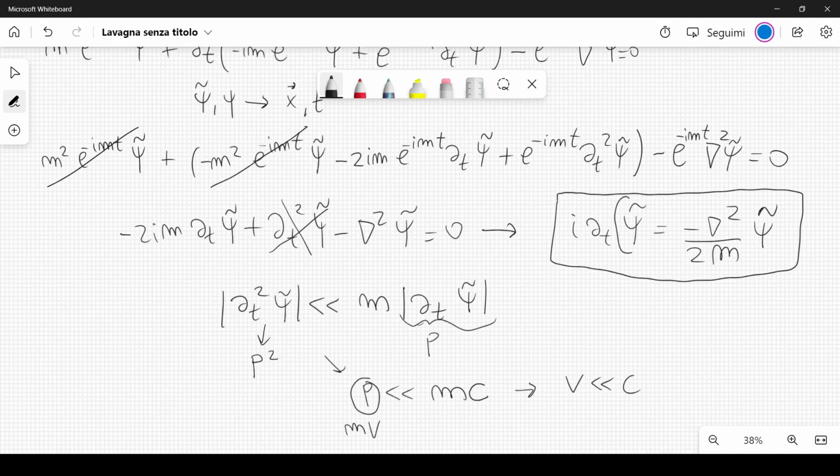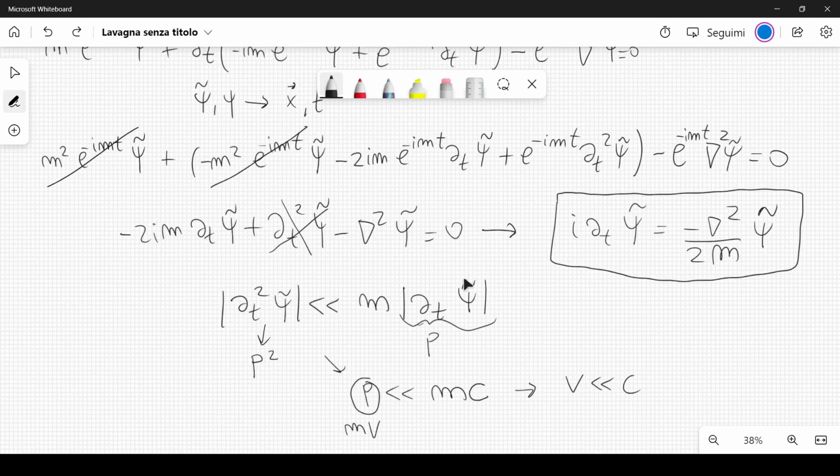But psi tilde is a field. So conceptually, there is quite a huge difference between a field and a probability amplitude. So we cannot really say that we have derived the actual Schrödinger equation that we have in quantum mechanics. We have to do more than that.